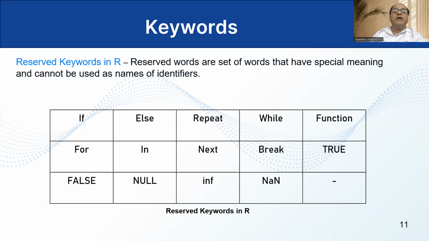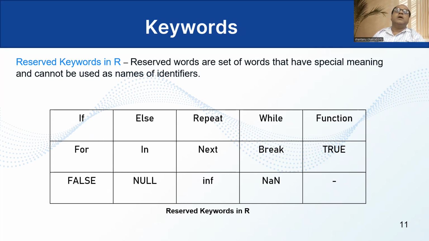Identifiers are the ones which are user defined. Keywords are words which have a predefined meaning. For example, if is a keyword, else is a keyword, while is a keyword, function is a keyword, for is a keyword, in is a keyword, next, break, TRUE, FALSE. These are all examples of keywords.